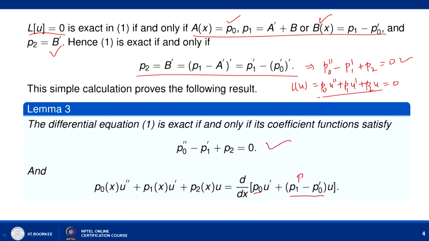This is the value of B which we have calculated here. So, not only are we able to find the exactness condition, but we can also write this differential form as the derivative of this expression.